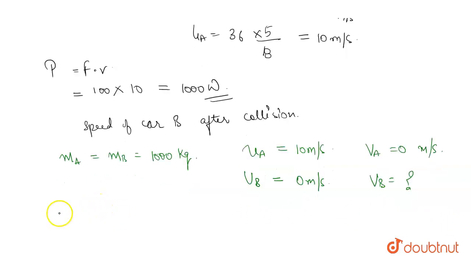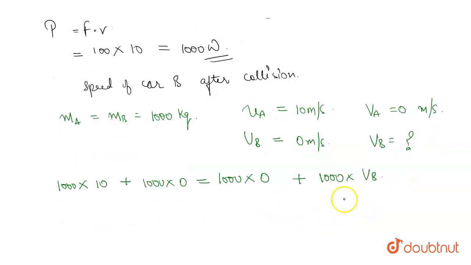So now let us put all the values here. m_a u_a, that is 1000 into u_a which is 10, plus m_b u_b, so 1000 into 0, is equal to m_a v_a, which is 1000 into 0, plus 1000 into v_b that we are finding.